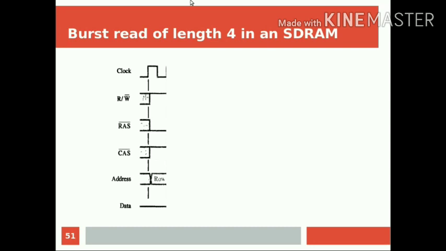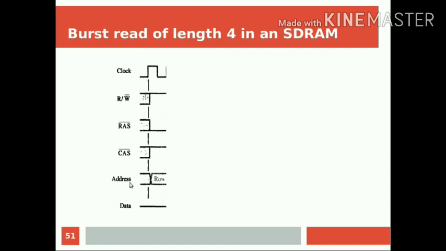So we can consider the timing diagram corresponding to the burst read. The clock is there, then the read-write signal, RAS, CAS, address, data. Initially, the RAS, row address strobe, is activated. It is an active low signal, so it is activated like this.